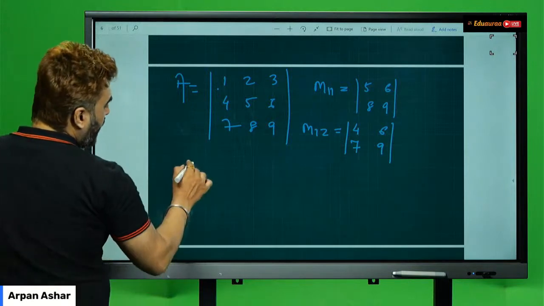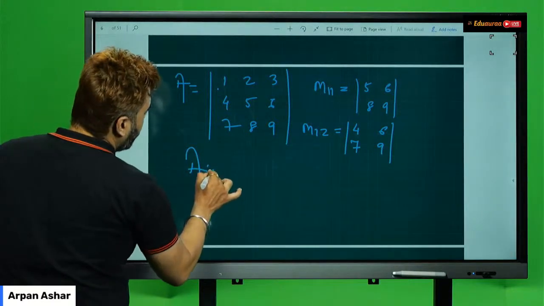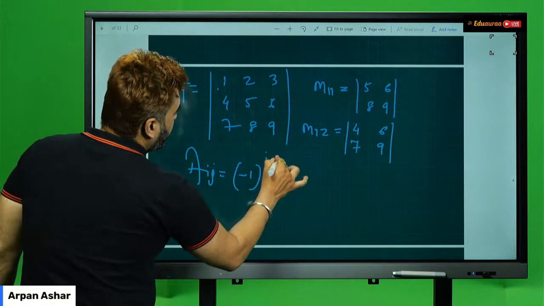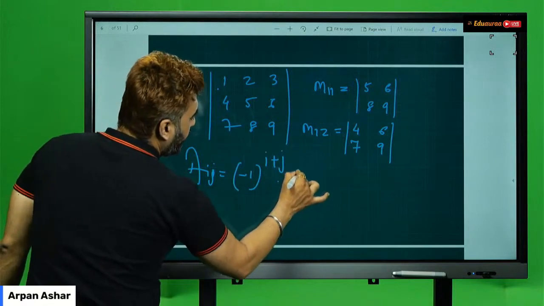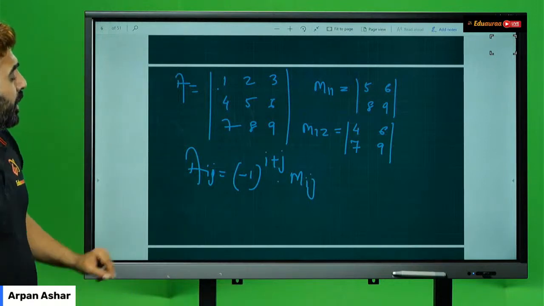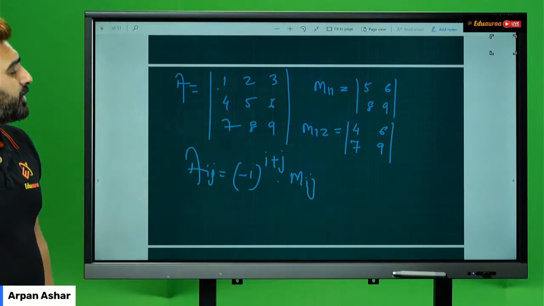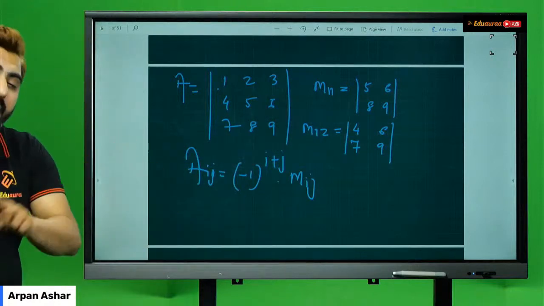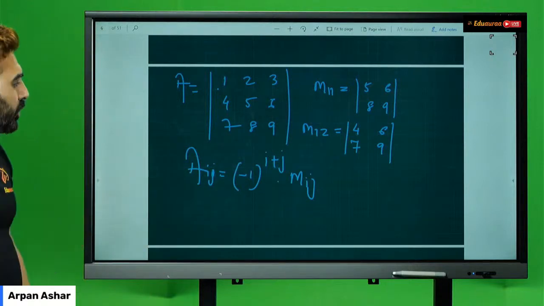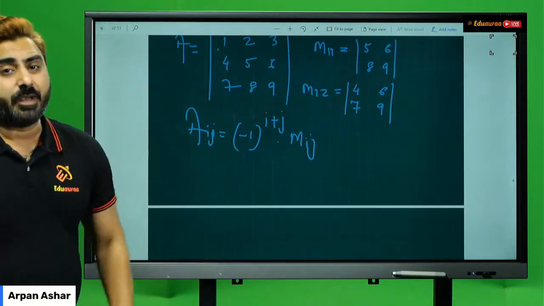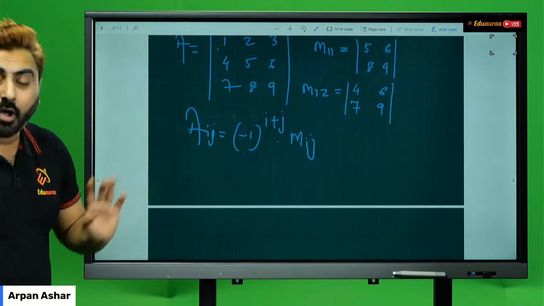What was the general formula? So it was Aij is equal to minus 1 raised to i plus j into Mij. Now अगर formula साथ में है, minors find किया है, you can find it, but इसमें भी एक shortcut है. What is that shortcut? So i plus j, that is rows and columns.